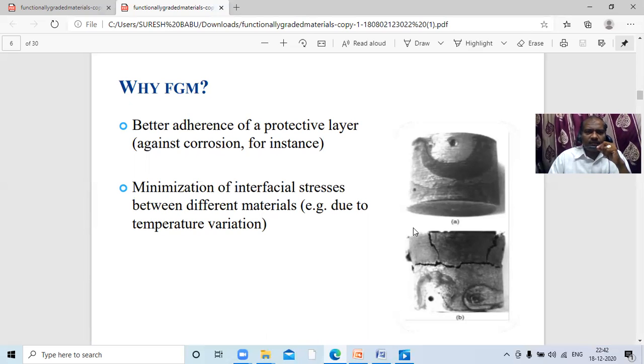This FGM is used for two purposes: to protect the parent material, and at the same time to reduce the stresses on the parent material. For that, we can use this FGM in a number of ways. So this is how the uses and purposes will be.